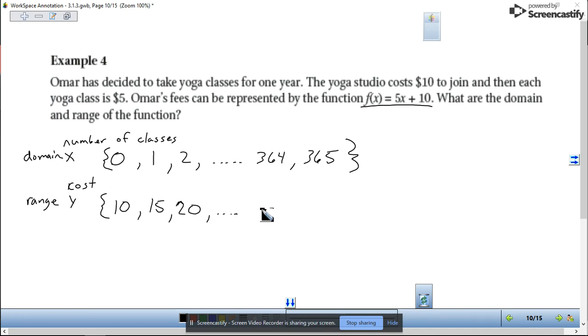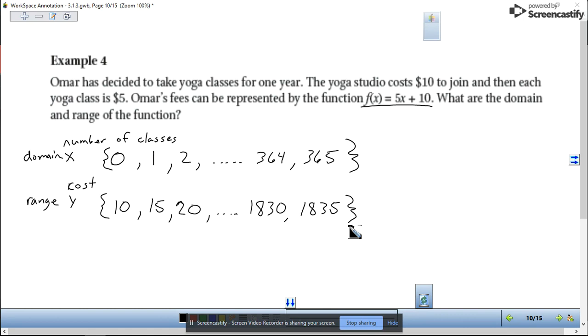So if you plug in 364 into that, you get 5 times 364 plus 10, which comes out to be 1,830. And then if we do 1 class per day for the whole year, 365 plugged into that gives me, well, we know we're counting by 5, so it should be 1,835.